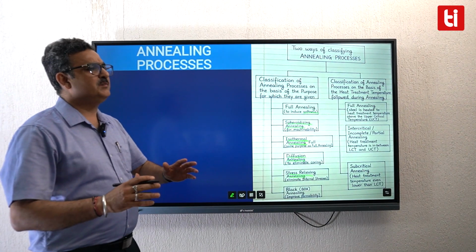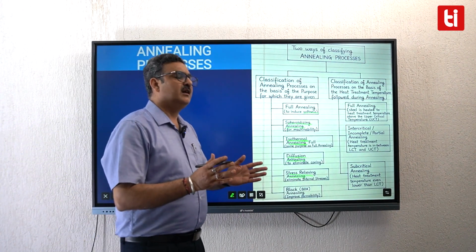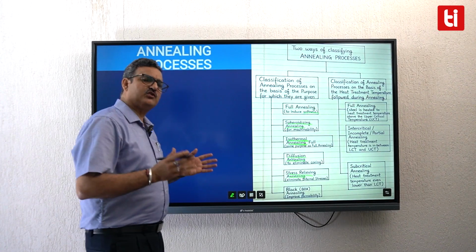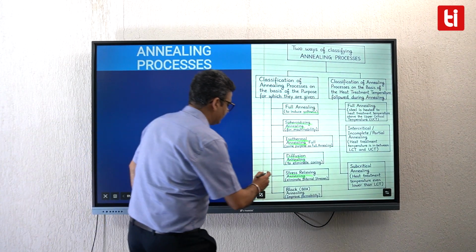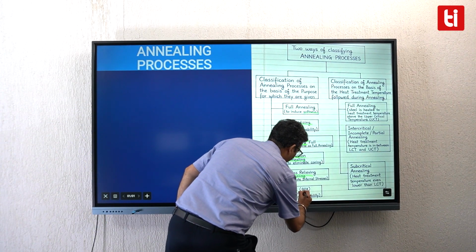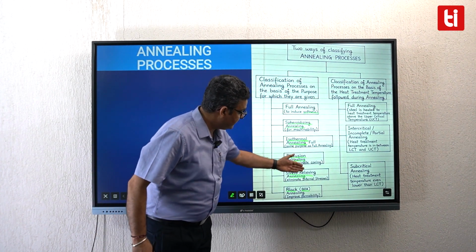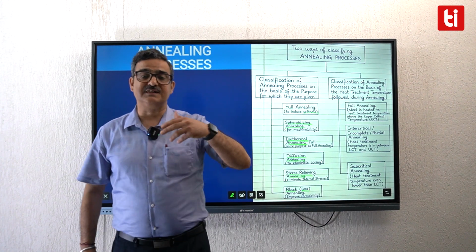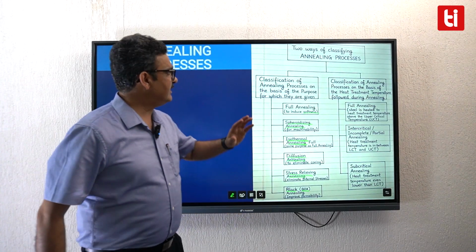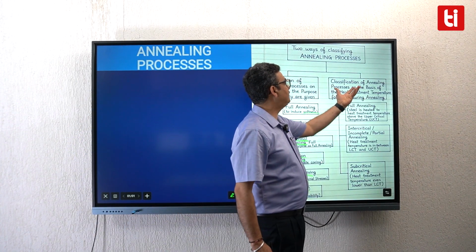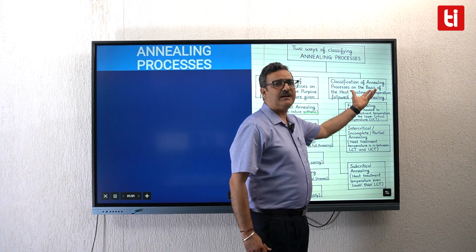And if you wish to make a steel very soft, very ductile, again another option is to give it black annealing or box annealing. So this is one way how classification of annealing processes is done. But there is another way how classification of annealing processes has been done in literature.